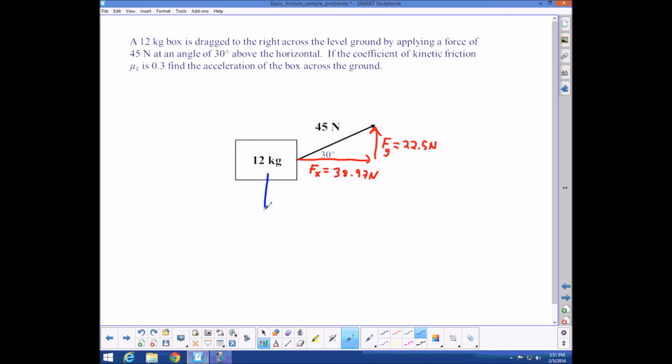We also have the force of gravity acting on the object. The force of gravity will be 12 times 9.8, which is 117.6 newtons.